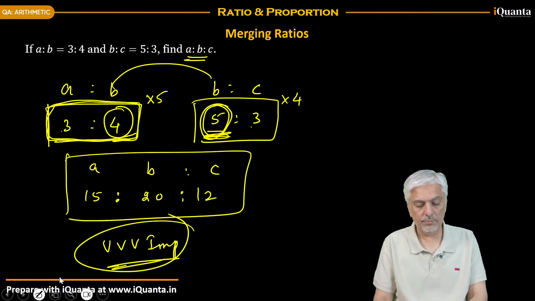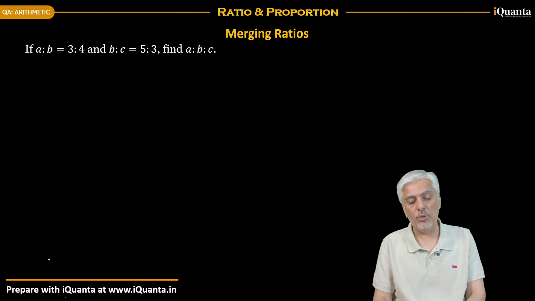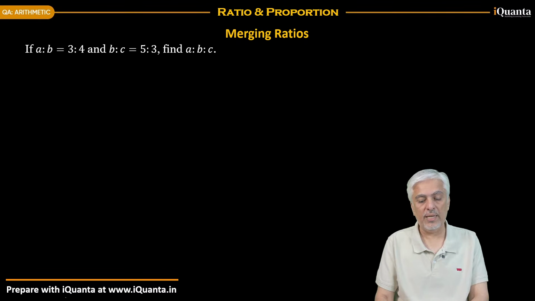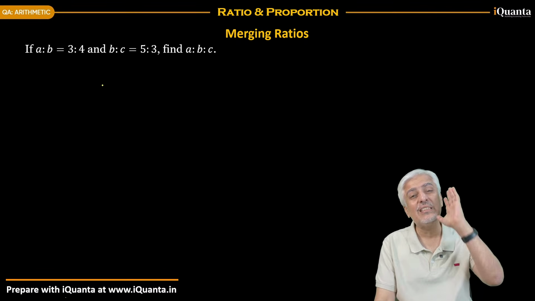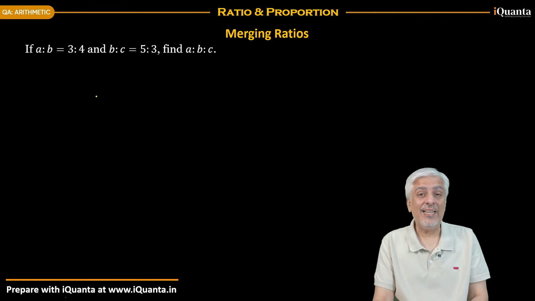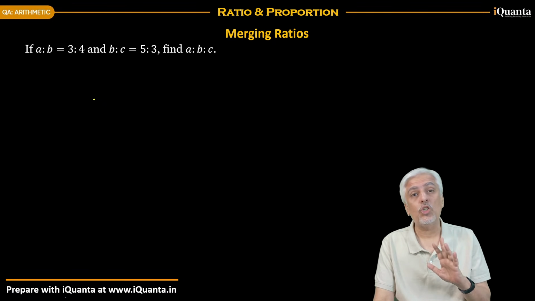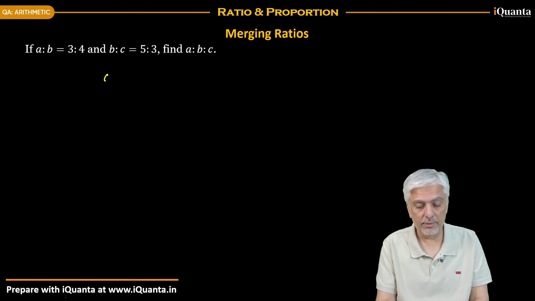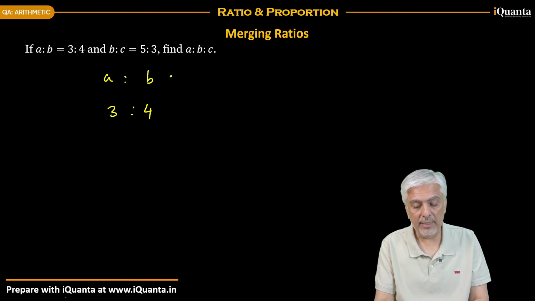Now, if I look at one more approach to do this, this is something I remember so well. Actually, you won't believe it. This was taught to me in school this way. And from that time, I remember this method. A ratio B is 3 ratio 4 and B ratio C is 5 ratio 3.